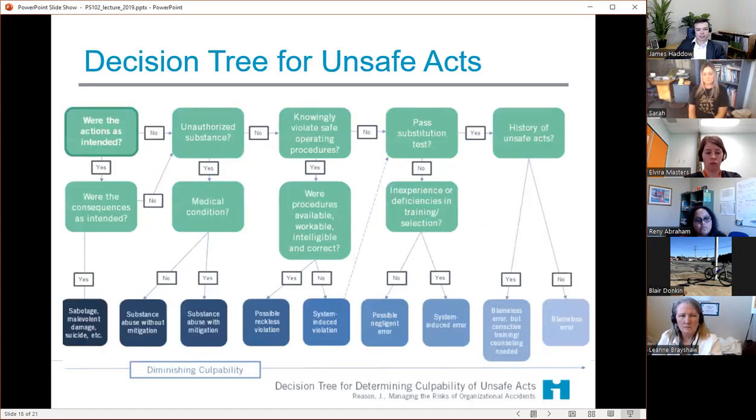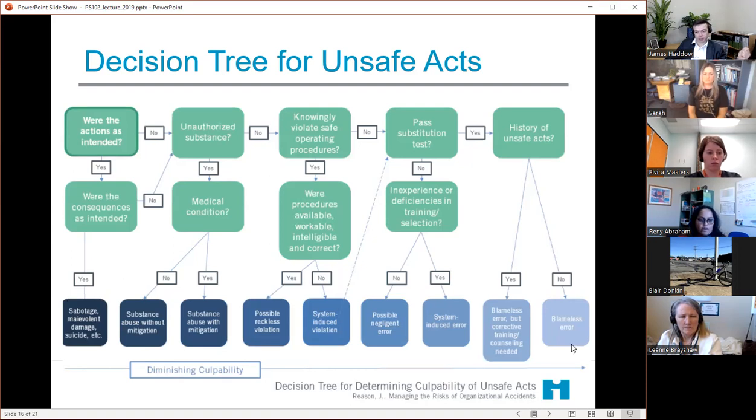So unsafe acts are a range on a spectrum, in terms of what is clearly wrong and what is obviously nobody's at fault. On the left of this chart, we have sabotage, malevolent damage, suicide, intentionally trying to cause harm.